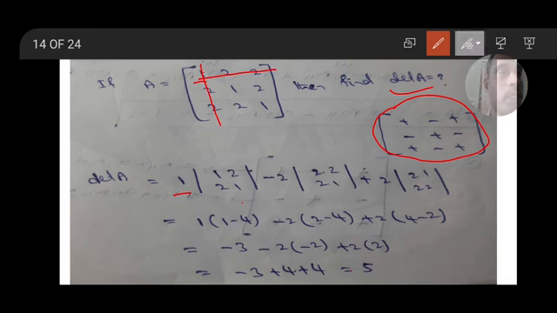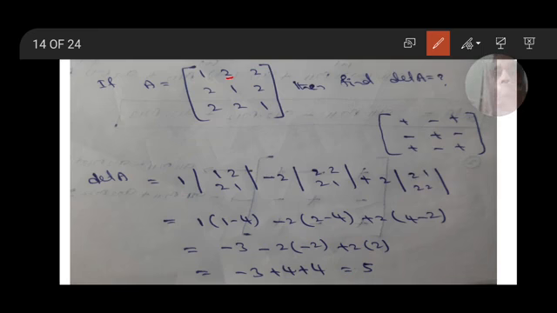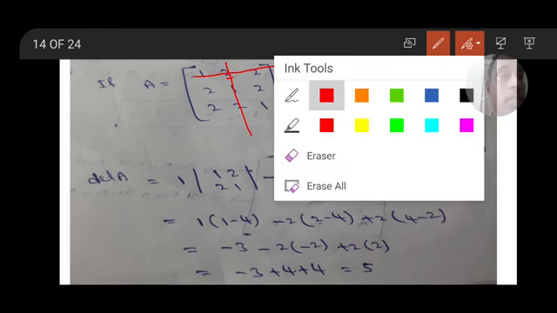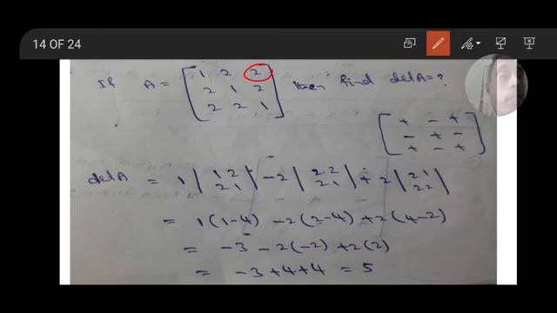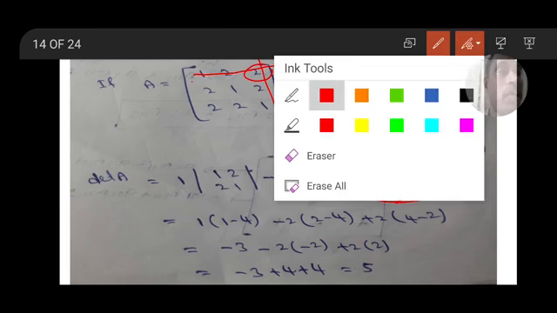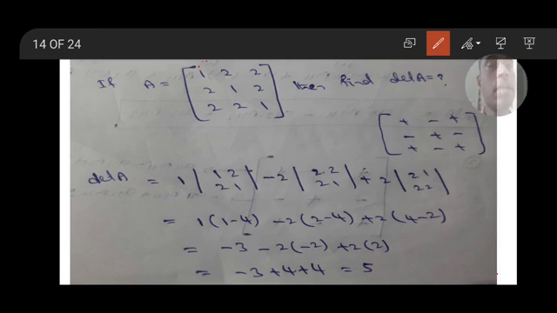Next, minus 2 into its minor, row and column deleted, 2 2 2 1 determinant. Next, plus 2 into 2 1 2 2, removing the row and column. I am taking first row elements, that's why it is plus, minus, plus.